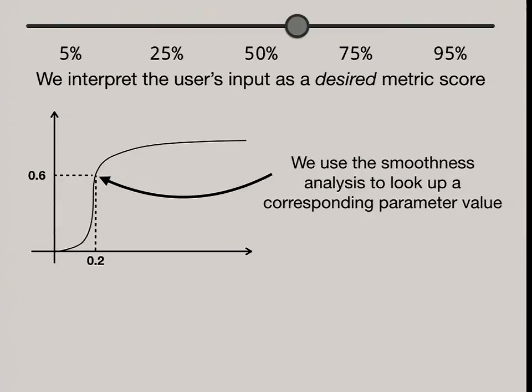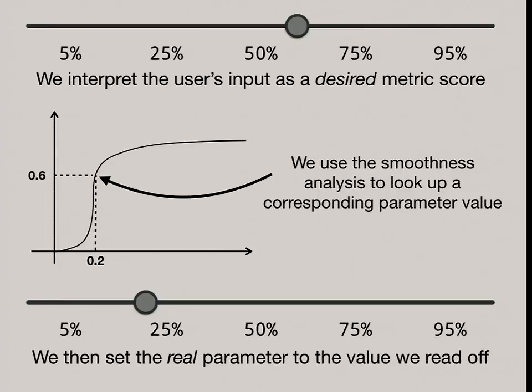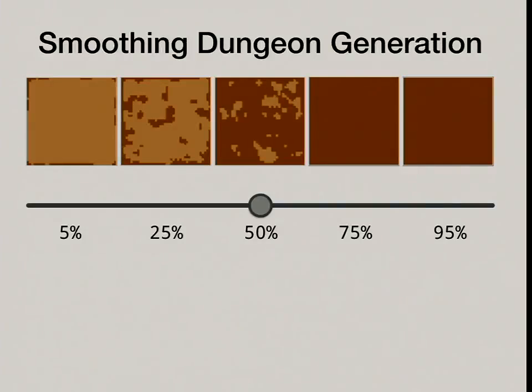And so what we do is extremely simple. We just do a reverse lookup on this smoothness graph that we've produced. We find out, okay, they wanted a mid-range value. Where is the mid-range effect on this actual parameter scale? And then the real slider is happening behind the scenes, and Ganesh is silently editing the real parameters under the surface.